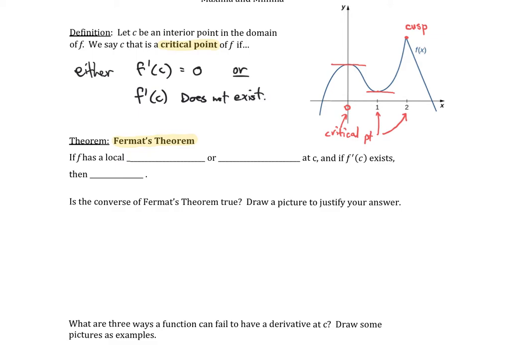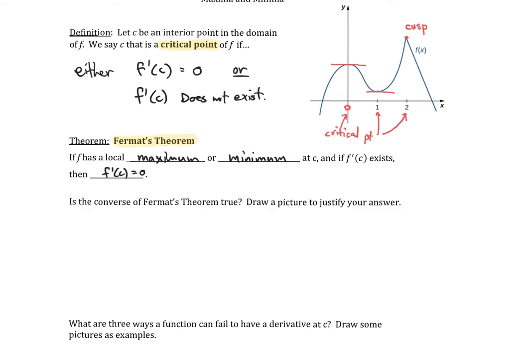So what does Fermat's theorem tell us? Well, Fermat's theorem basically says if f has a local maximum or a local minimum at the number c, and if f prime of c exists, then f prime of c will be equal to 0.